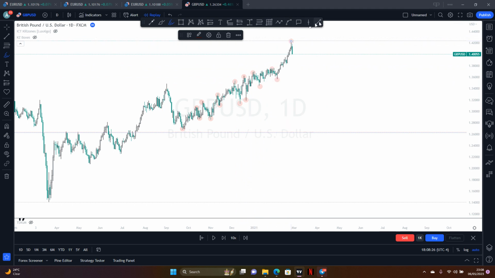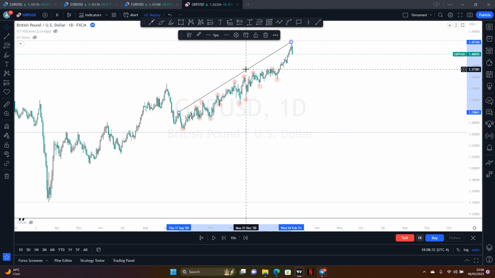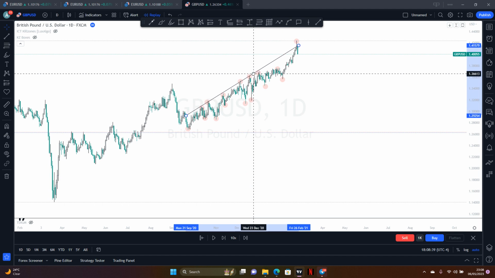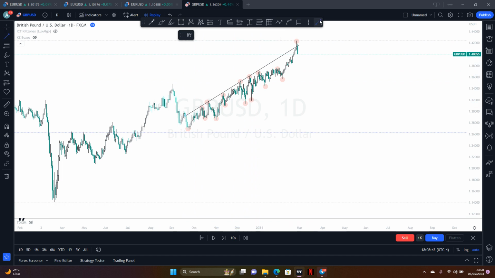If you see a structure like this, what does it entail? What does it basically tell you? Of course, it's very, very choppy, but it's still making series of higher highs and higher lows. And at the same time, it has broken previous structure. So what does this tell you?